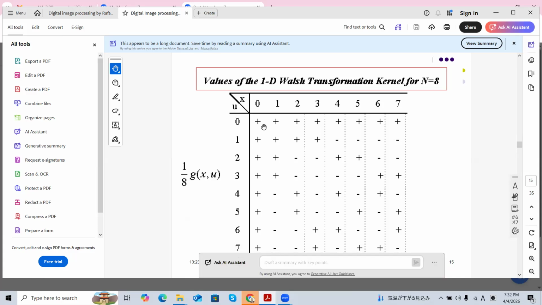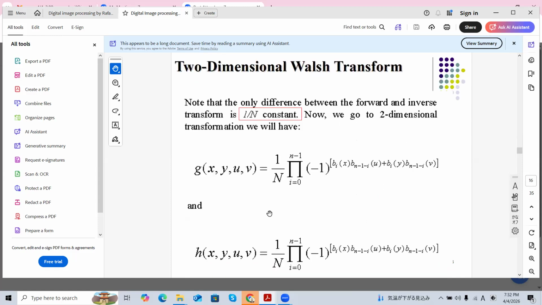You can see the first component is all plus, the second component is four plus, four minus, the third component is double plus minus, and the fourth component is this. And number four gives the highest frequency, plus minus, but the kernel is not ordered. If we want to make it ordered, I will explain that later.